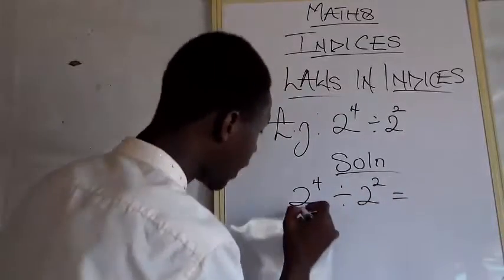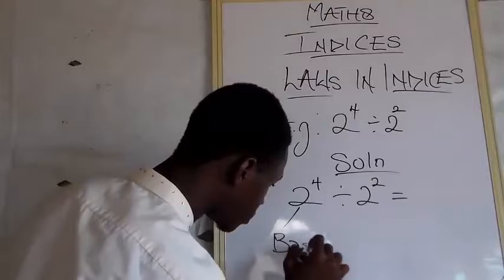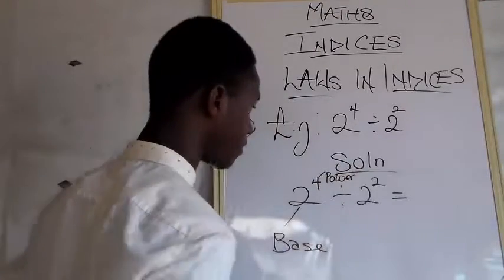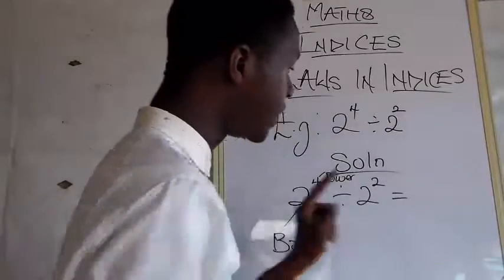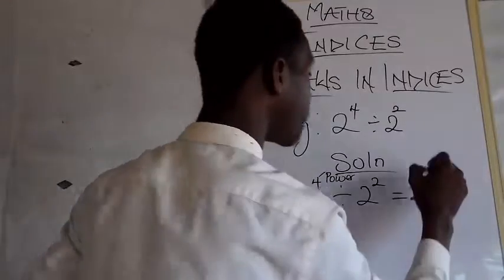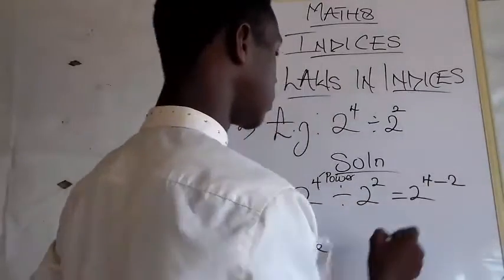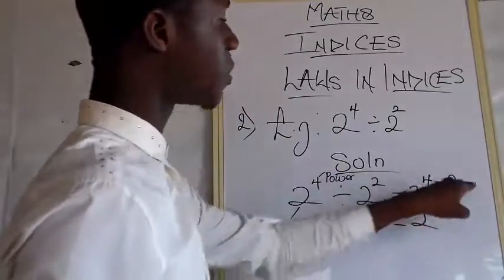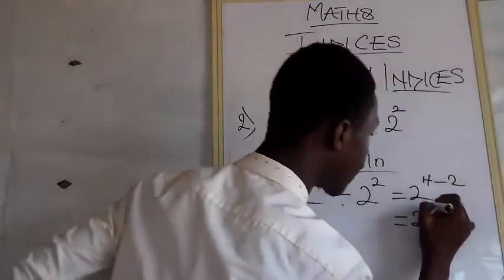Now remember, this is your base and this is your power. You pick one of the base, that will be 2, and subtract the power, 4 minus 2. Now 4 minus 2 is what? We have 2.